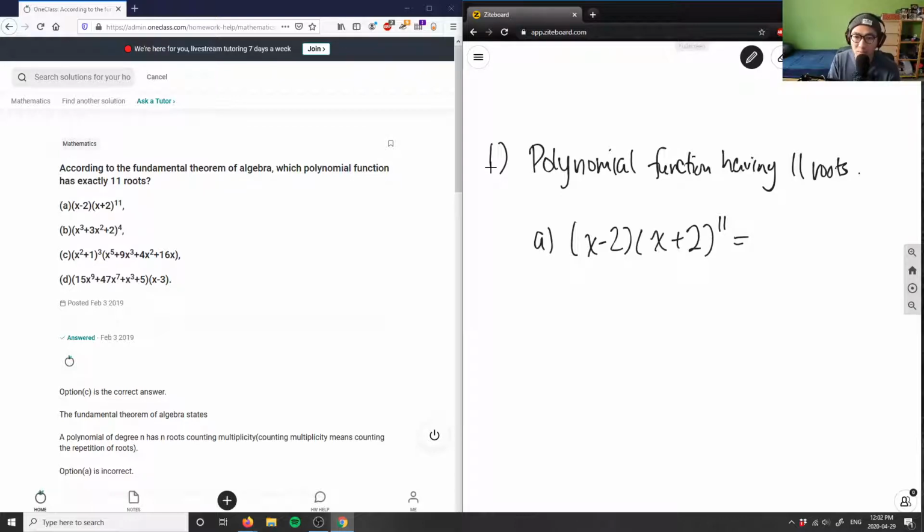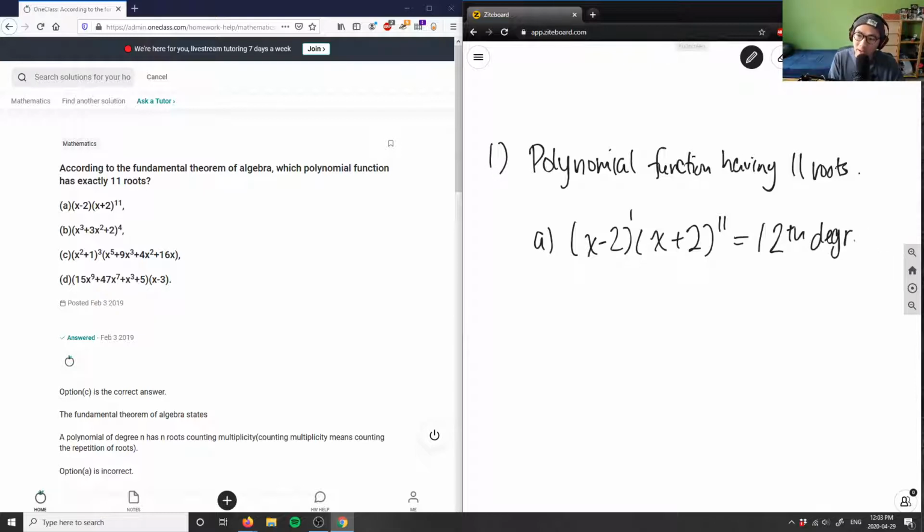When we're multiplying exponents, remember, x minus 2 has a degree of 1 here. When we multiply by the 11th power term, we add our exponents, right? Every time we're multiplying powers, we simply add the exponent numbers. So we have 1 plus 11, which means this would be 12, the 12th degree.